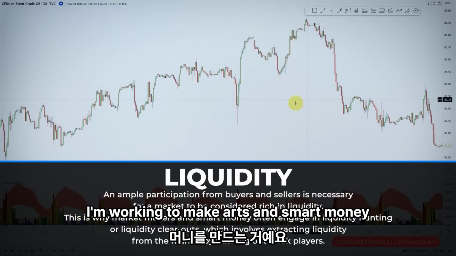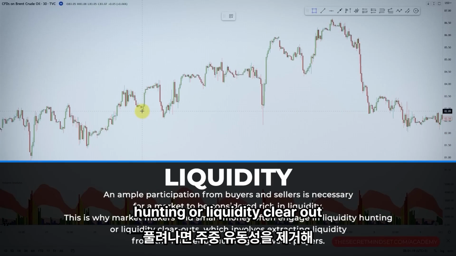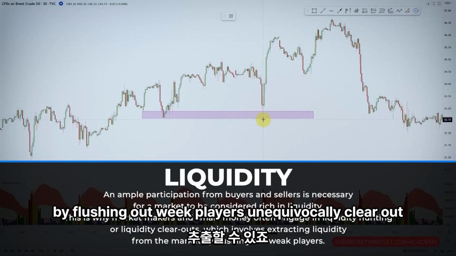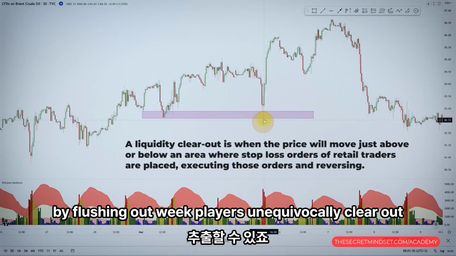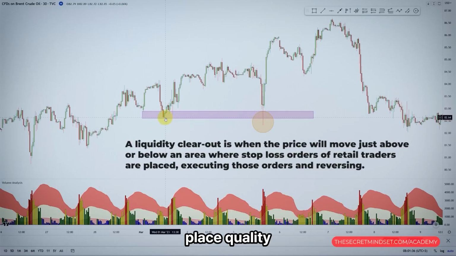And this is why market makers and smart money often engage in liquidity hunting or liquidity clearouts, which involves extracting liquidity from the market by flushing out weak players. A liquidity clearout is when the price will move just above or below an area where stop-loss orders of retail traders are placed, executing those orders and reversing.